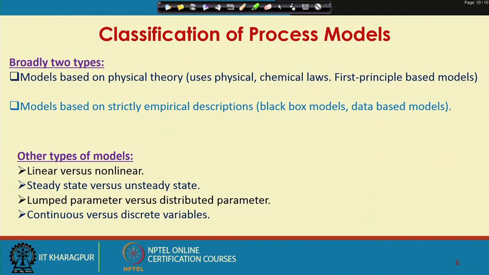Finally, continuous versus discrete models or continuous versus discrete variables. Some variables, decision variables or state variables, can take any real value. So, they are continuous. In some models, these variables are restricted to take only certain discrete values, let us say some integer values only.